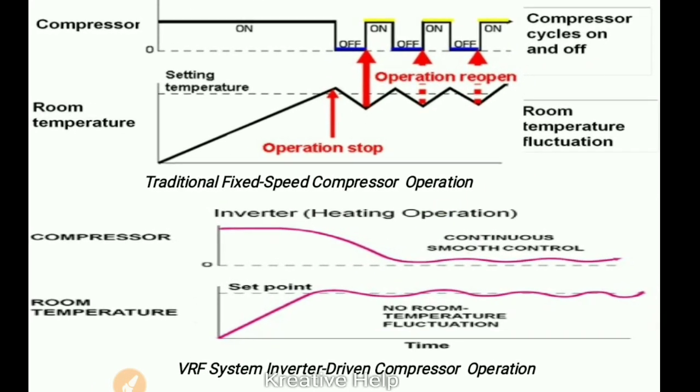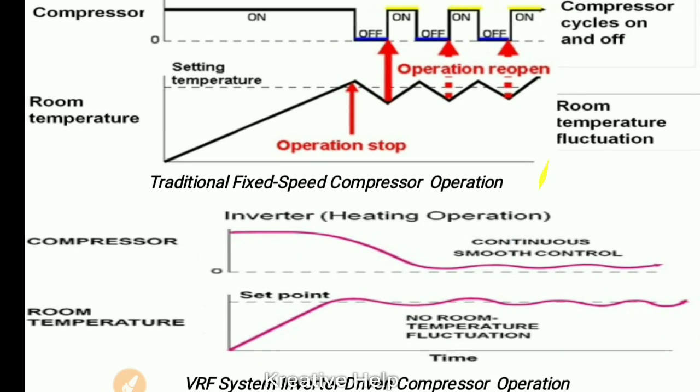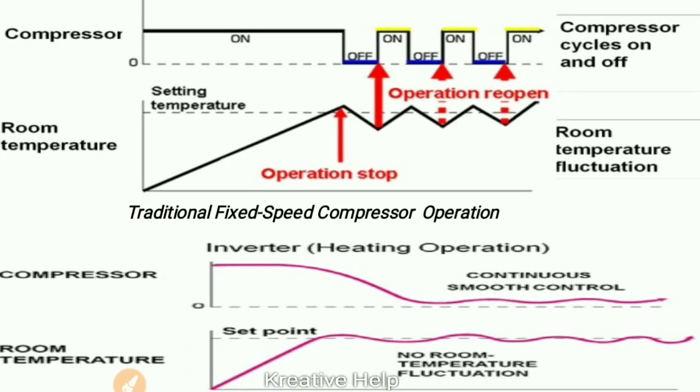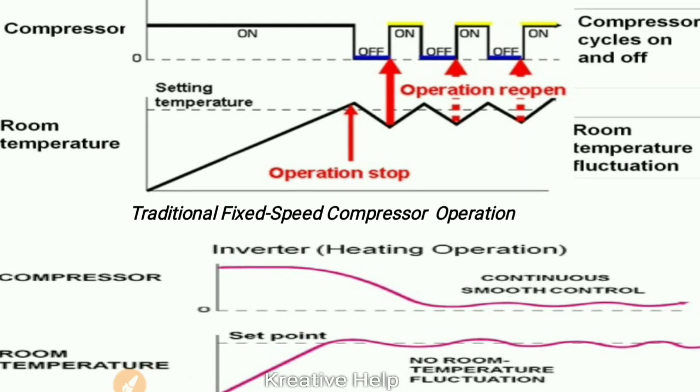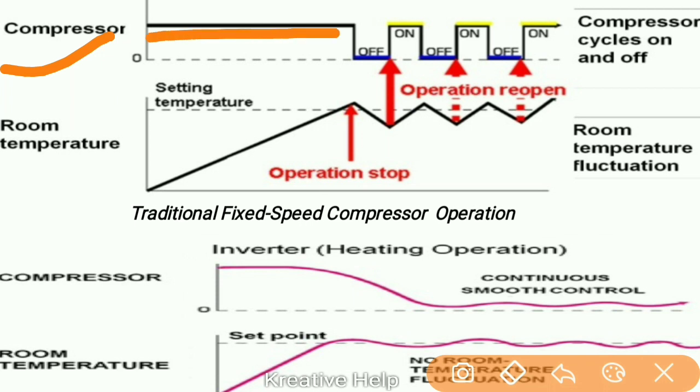So this is the compressor and room temperature. In the traditional system, when there is no inverter system, when we switch it on, the compressor starts working. After reaching the desirable temperature, the compressor turns off.